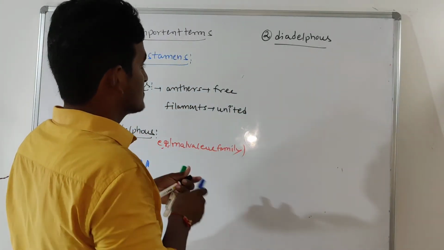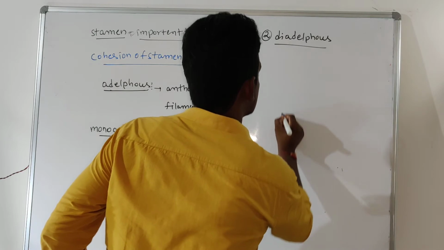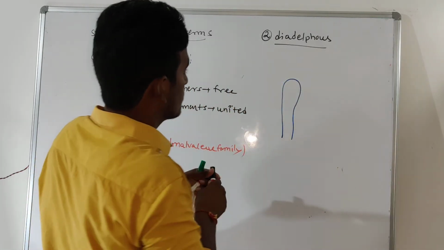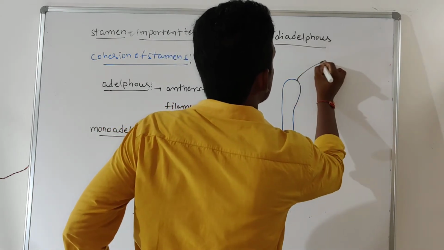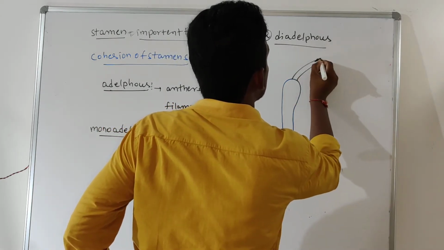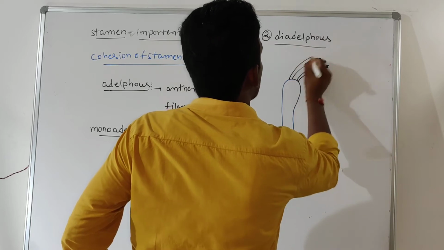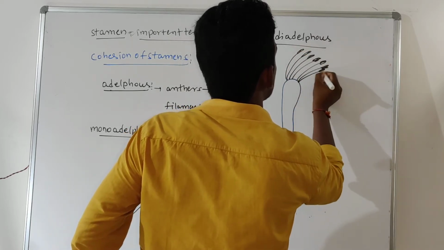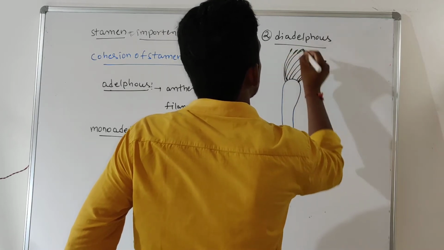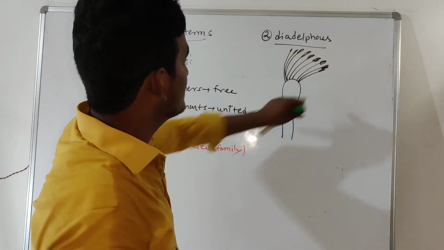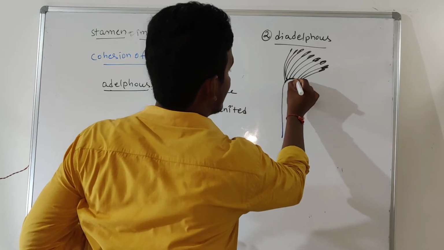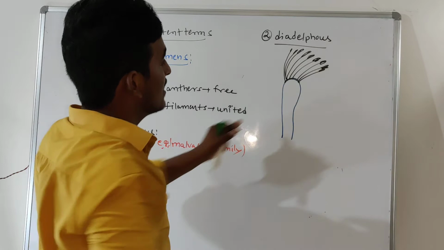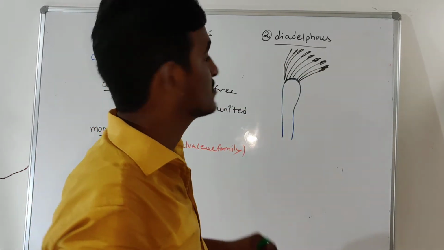See, in some leguminous plants, the arrangement of stamens is 9+1. So these are the 9 stamens, united at the filament position, and they are free at the anther position.